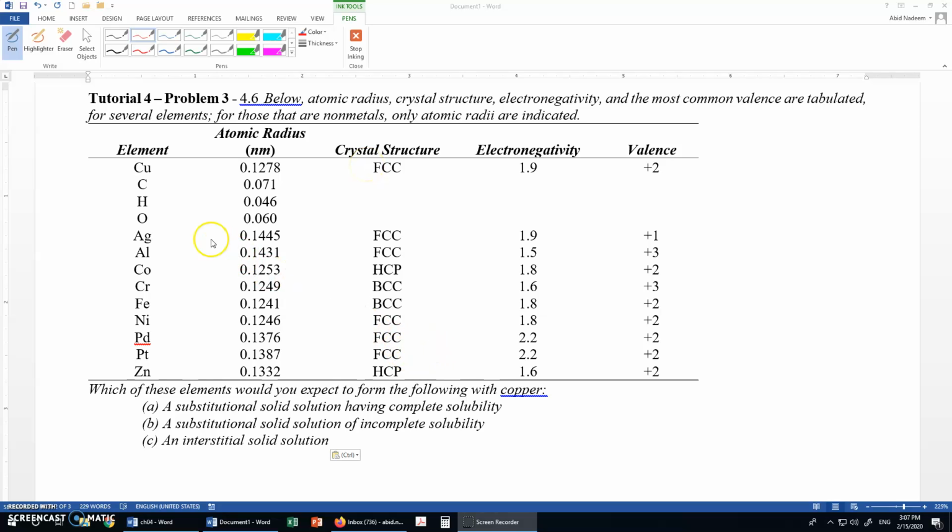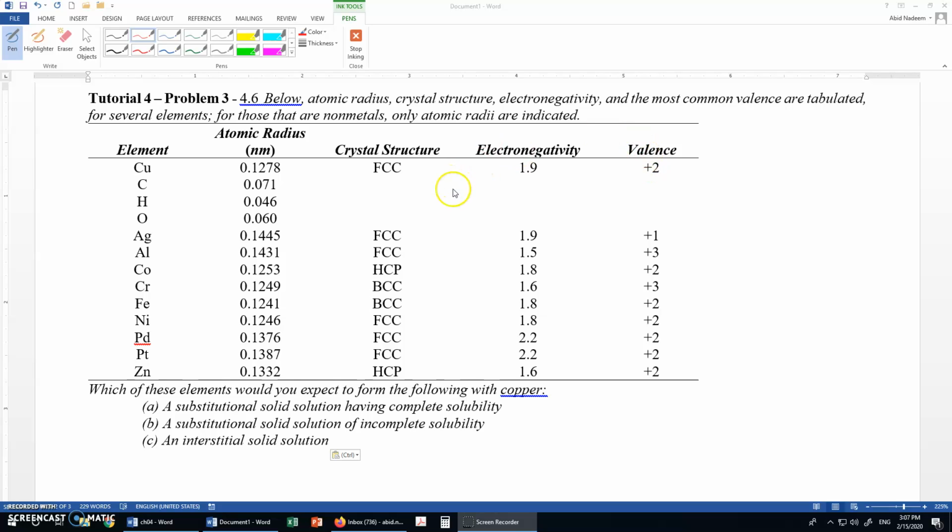for the elements to make a solid solution with another element, certain conditions must be met. The atomic radius should not differ by more than plus or minus 15%. The crystal structure should be the same. They should have very close electronegativity, and the valency should also not differ so much.